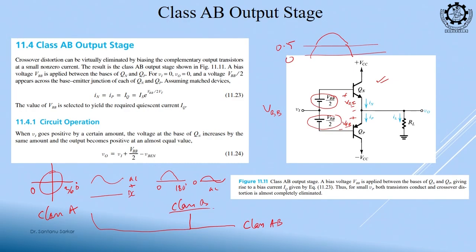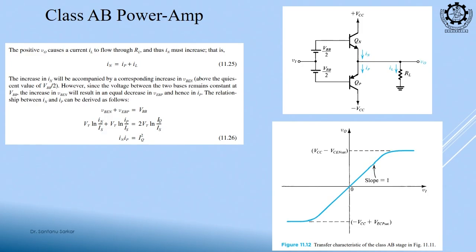The difference is that we are not adding a very big DC, we are just adding a small DC, and its conduction angle is greater than 180 degrees but much less than 360 degrees. So, we are increasing it just a little bit.